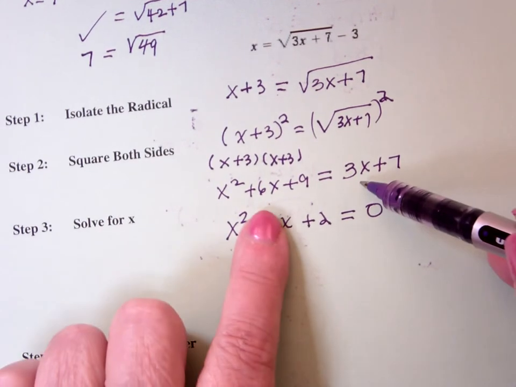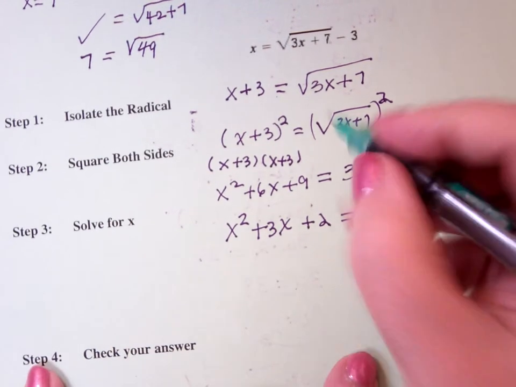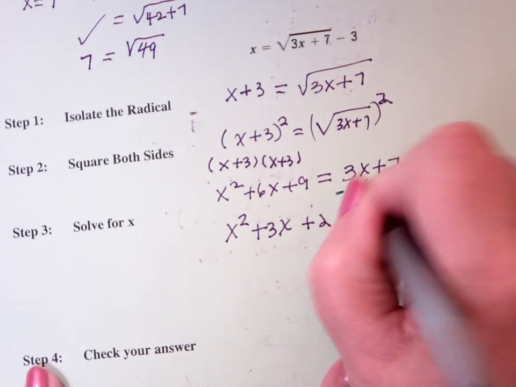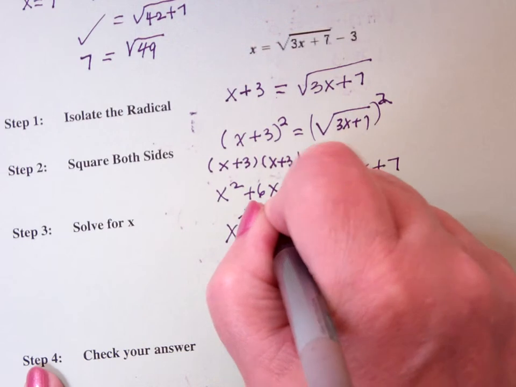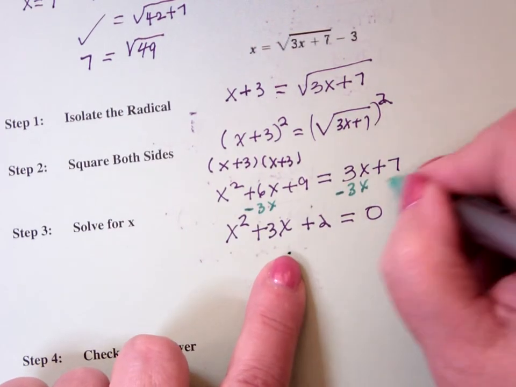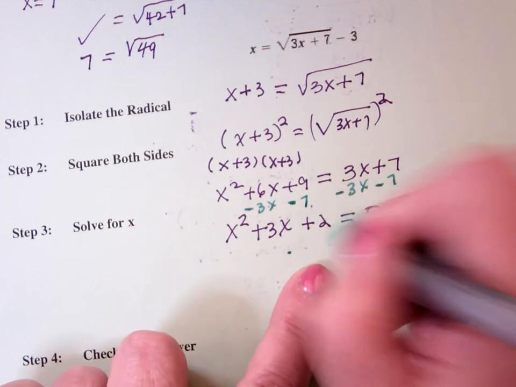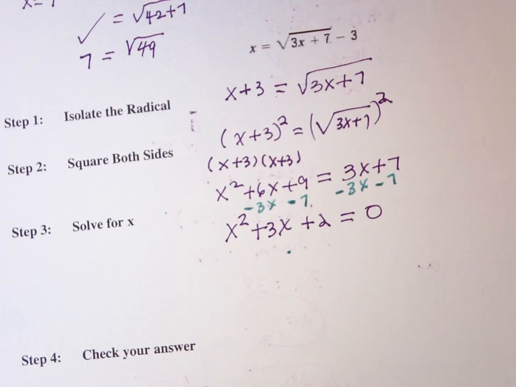Subtract 3x, I'd get a 3x? Minus 3x, minus 3x gives you a plus 3x. Oh, okay. Right. Minus 7 gives you a plus 2.